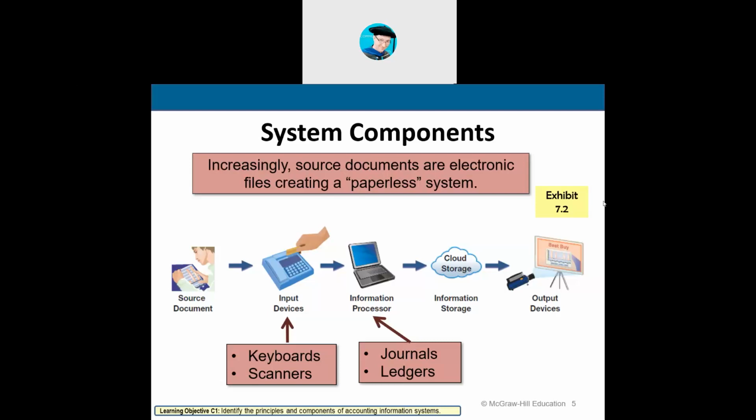Okay. The same concept applies when you use accounting software like QuickBooks or Sage 50 or whatever, and you have the capability to save that information on a cloud, and you can access it from anywhere. QuickBooks Online would be an example of that type of service.